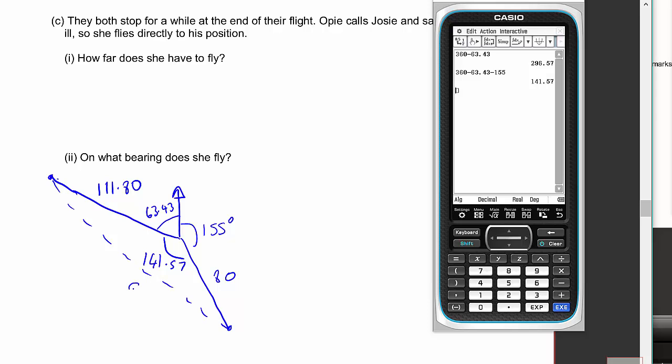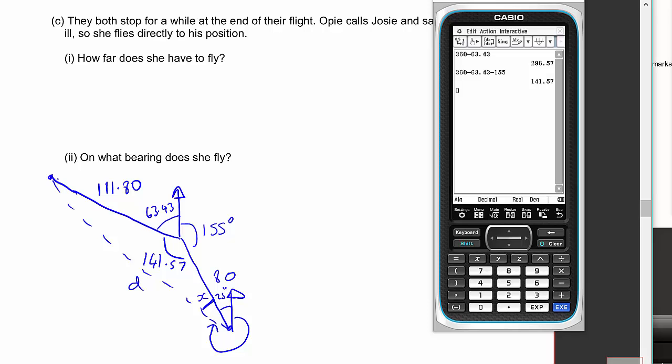And so what we're after is the distance, and we want the bearing on which she has to fly. Now if that's 155, that means this one is 25. Remember, we've got co-interior angles here. So if I can work out this as well, I can get the bearing, because then that would give us the distance we go around there.